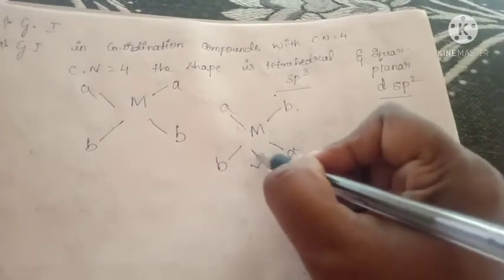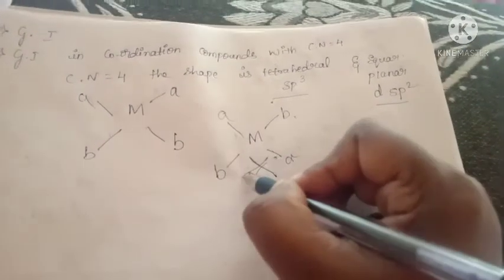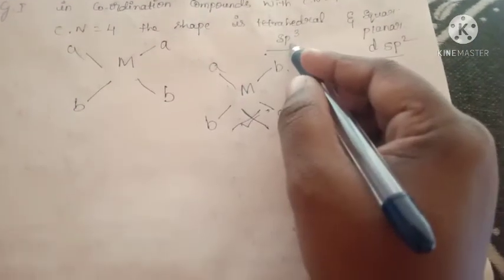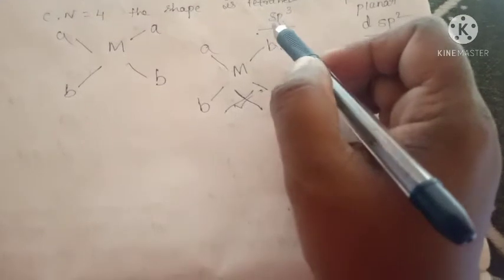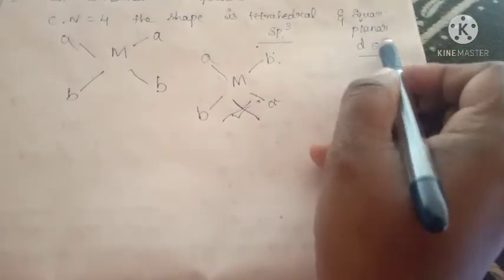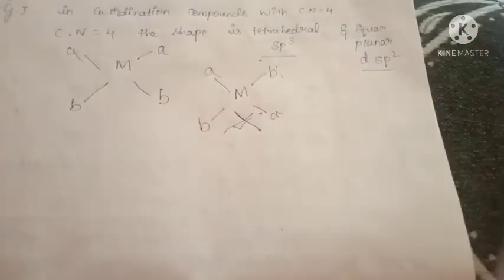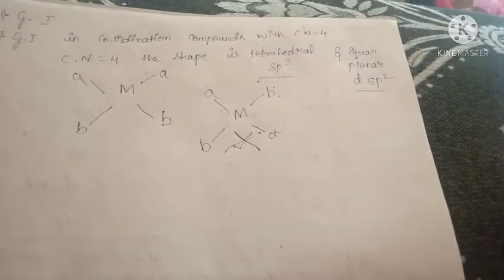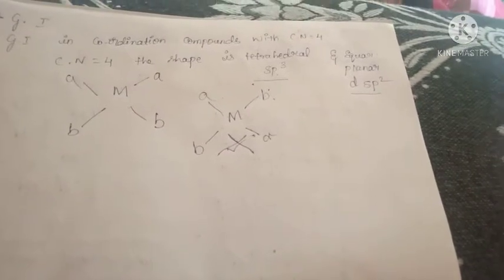This will not be done in geometrical isomerism. So that's why with the tetrahedral shape we cannot show geometrical isomerism with coordination number 4. Only square planar complexes with dsp2 hybridization show geometrical isomerism.